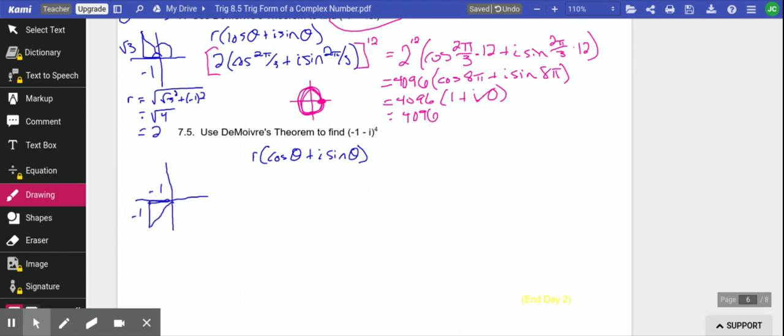All right, so to find r, that's that distance formula, Pythagorean theorem. Hopefully you can see that that's going to be root 2. And then theta, clearly that's a 45-degree angle, or pi over 4, but coming from here it is going to be 5 pi over 4.